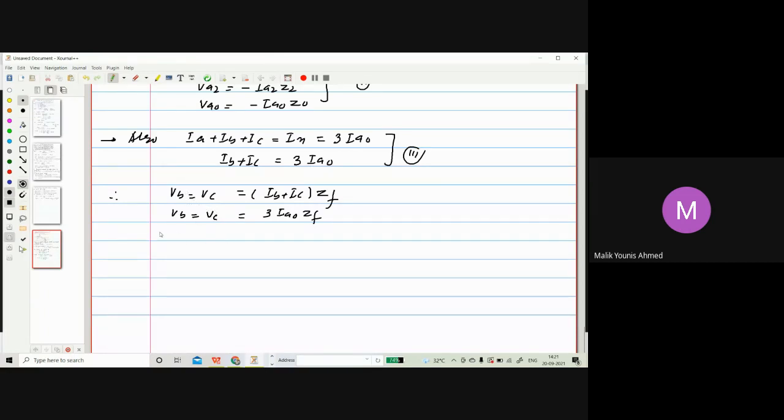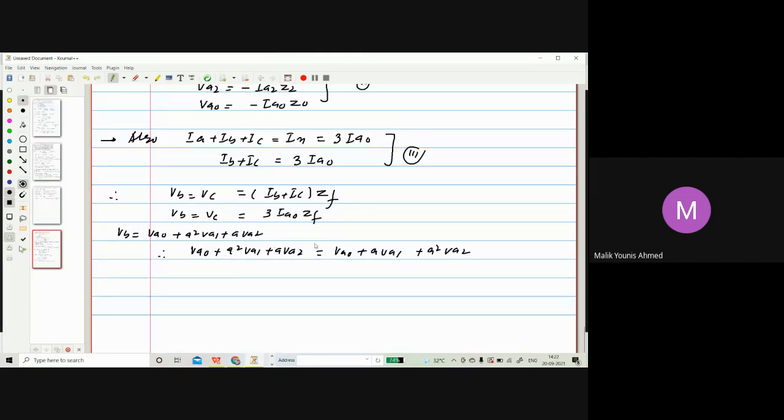Now we can write either of these. VB is equal to VA naught plus A square VA1 plus A VA2. Substituting in the above equation, this will be equal to VC. VC is VA naught plus A VA1 plus A square VA2. You can see VA naught cancels out.